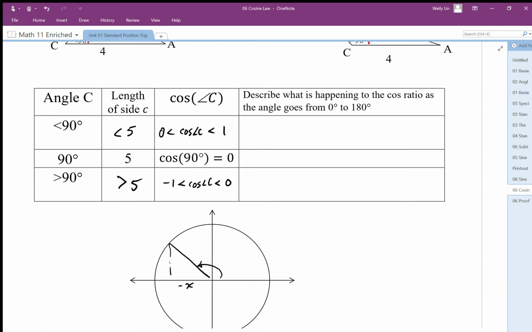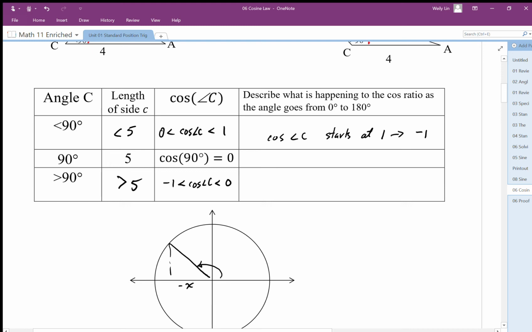So as the angle goes from 0 to 180 degrees, cos C starts at 1 and goes to negative 1. As we increase this angle, we go from a cosine value of 1 all the way to negative 1.